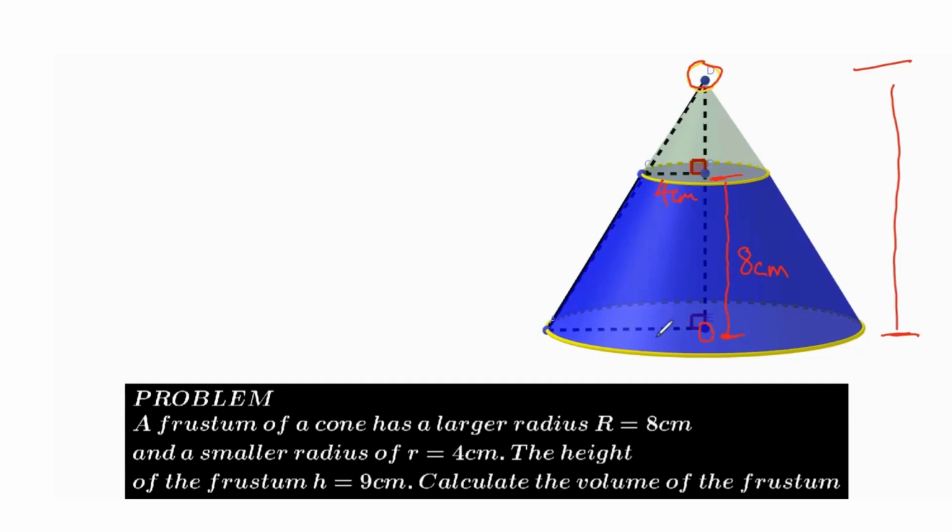We have the smaller, that is the topmost, and then we have the bigger cone. So the bigger circle is the base of the big cone. And we are told that the radius of this base is 8 centimeters, okay? So here we do not know what the height of the small cone is.